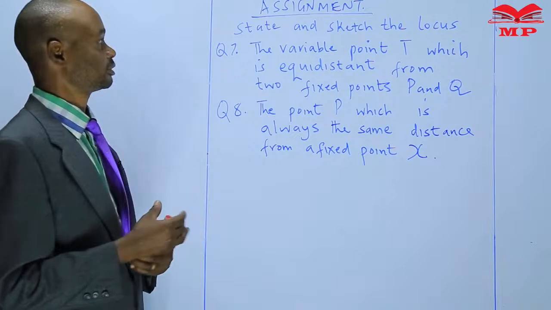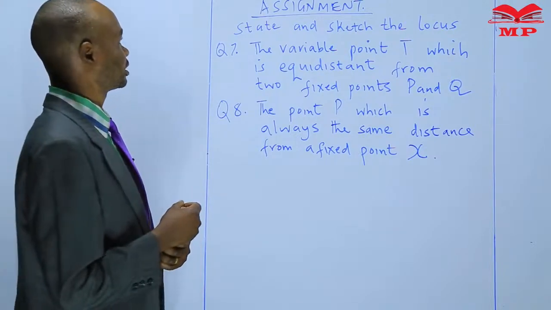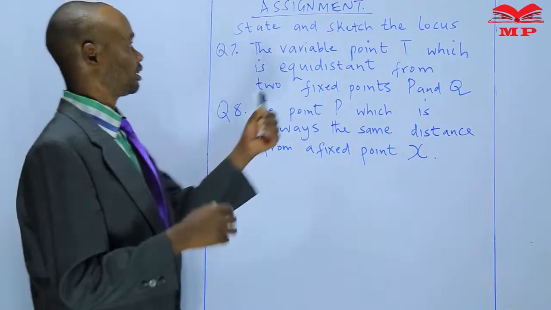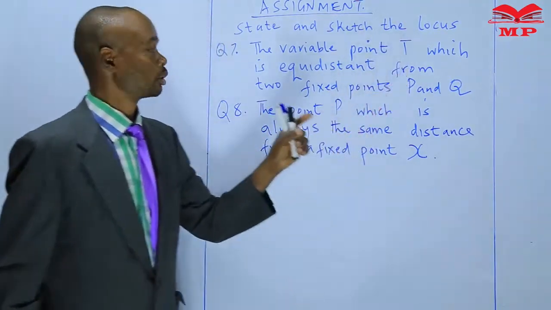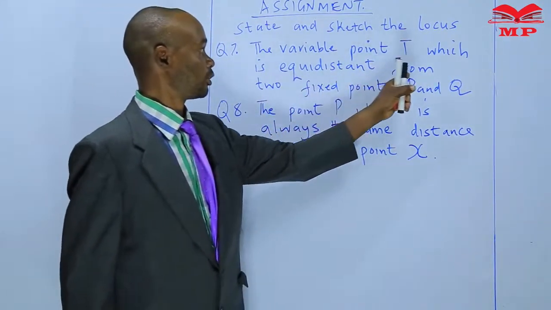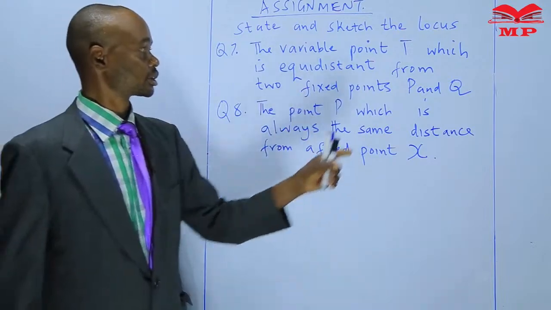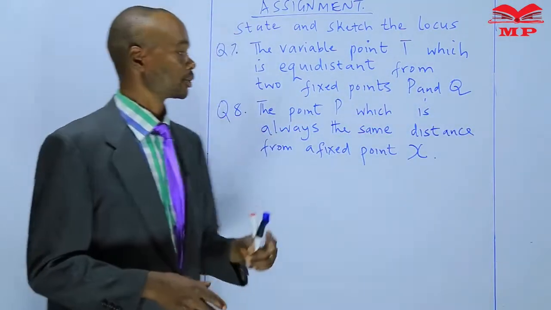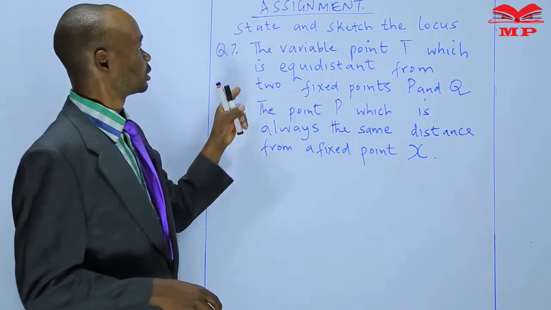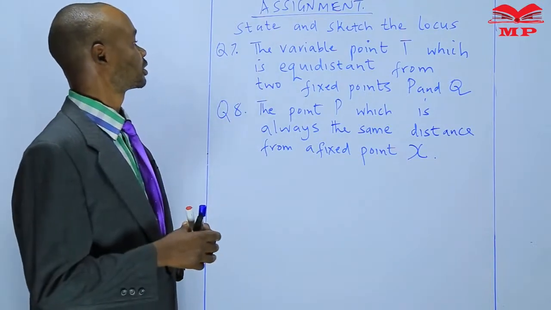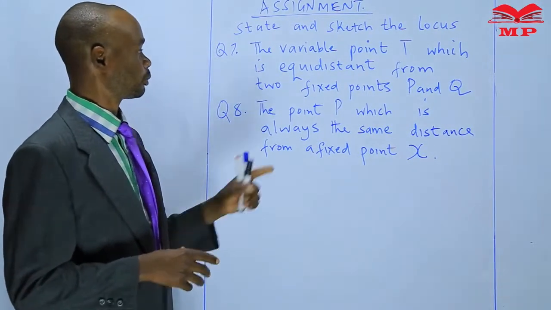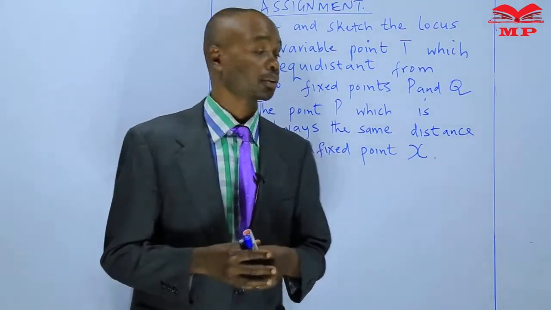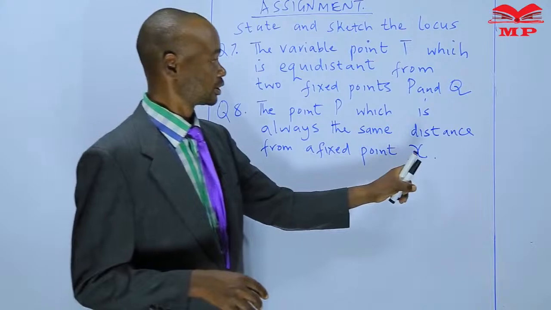So question 7 talks of state and sketch the locus of the variable point t, which is equidistant from 2 fixed points P and Q. The second question talks of also stating and sketching the locus of a point P, which is always the same distance from a fixed point X.